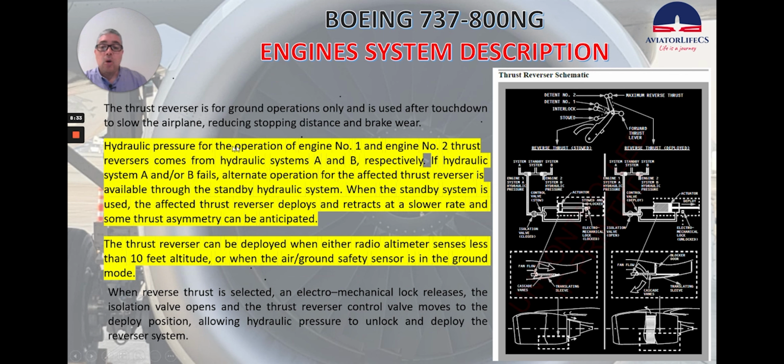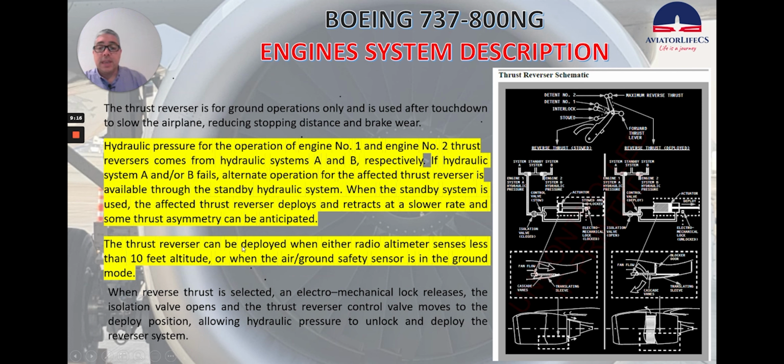Hydraulic pressure for the operation of engine number 1 and engine number 2 thrust reversers comes from hydraulic systems A and B. If hydraulic system A and/or B fails, alternate operation for the affected thrust reverser is available through the standby hydraulic system. When the standby system is used, the affected thrust reverser deploys and retracts at a slower rate, and some thrust asymmetry can be anticipated.